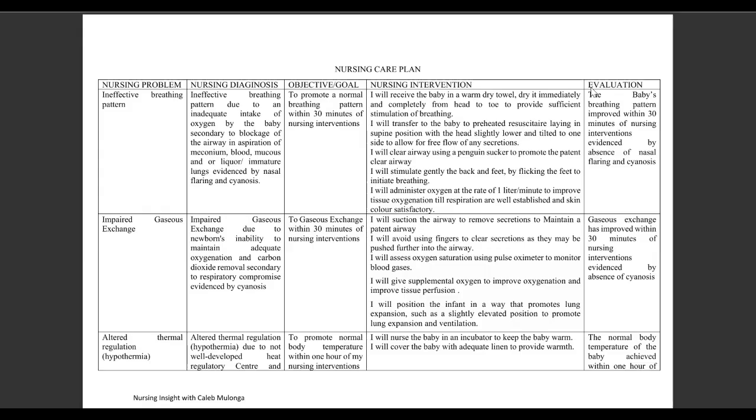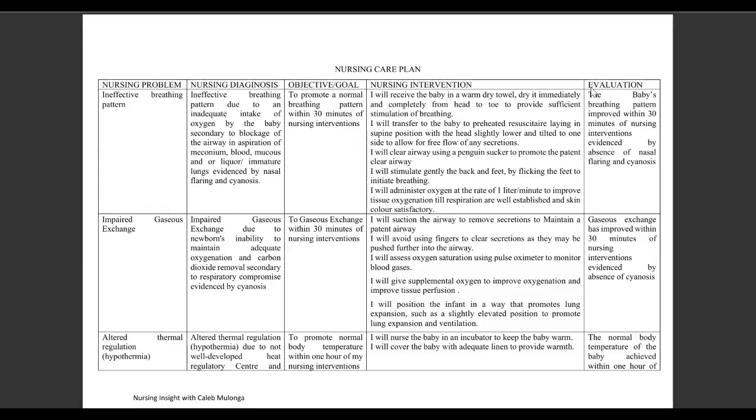Then we move to the nursing diagnosis. The nursing diagnosis is impaired gaseous exchange due to newborns' inability to maintain adequate oxygenation and carbon dioxide removal, secondary to respiratory compromise. This respiratory compromise can be as a result of blockage of the airway because of the aspiration of the meconium, the blood, or any of those things that I had mentioned.